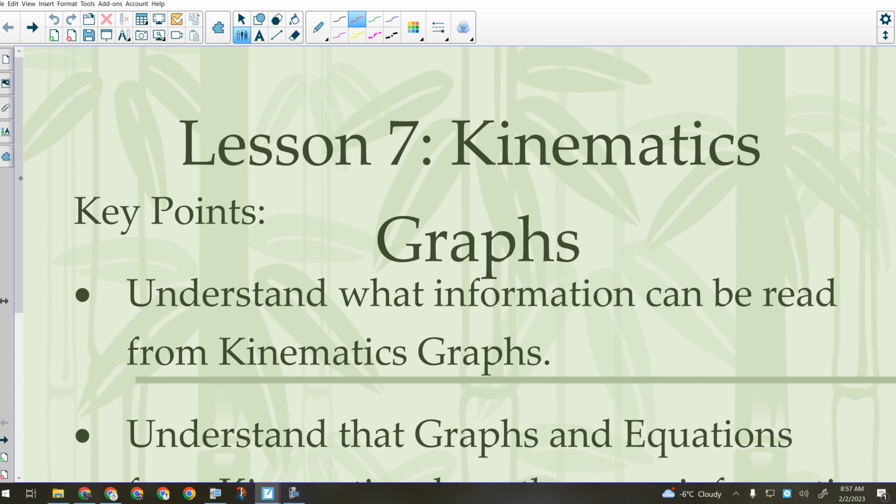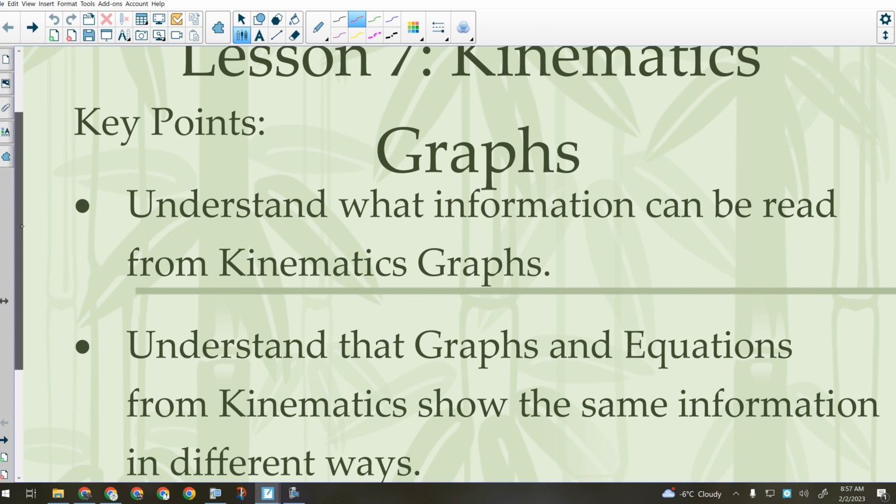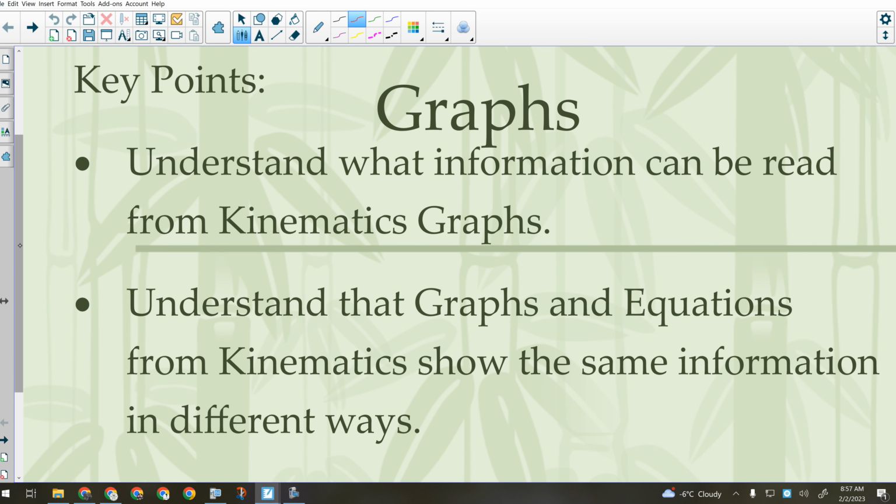All right, so we've got our key points for today. We've got to understand what information can be read from the two kinds of graphs that we're going to go over. And again, that's part of the analysis that we're going to go over. And understand that graphs and equations from kinematics show the same information in different ways.